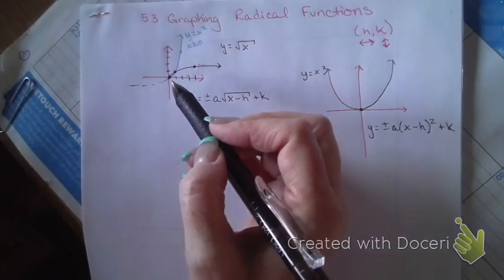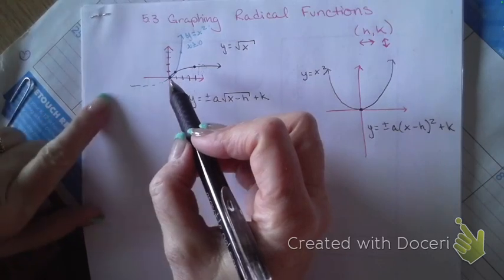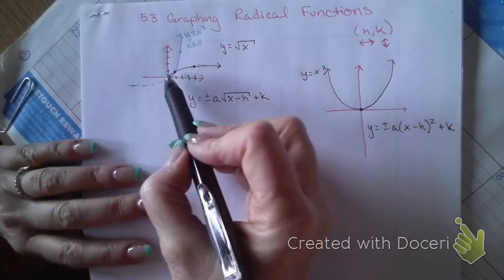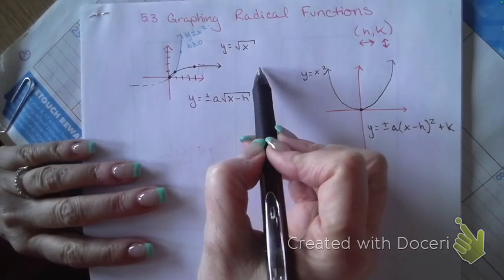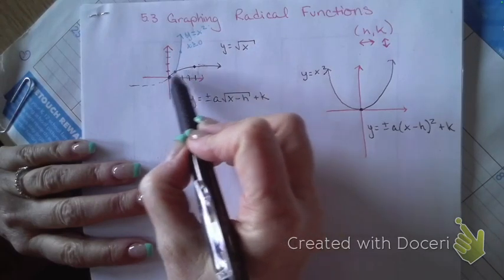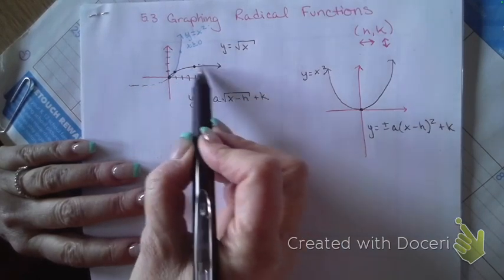Because odd, can I take an odd root of a negative number? Yes, so I would have another tail, wouldn't I? Can I take the even root of a negative number? No. So all even roots are going to go this way, and odd are going to go like this. What's that one called? Does it have a name? This would be like a cube root.